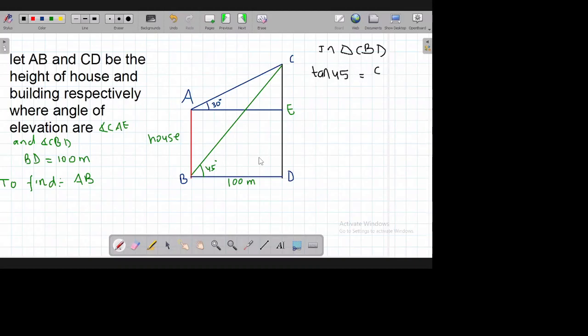Height means CD and base means BD. So tan 45 means 1, CD we don't know, and BD means 100. By cross multiplying, we can get CD, which is 100 meter.